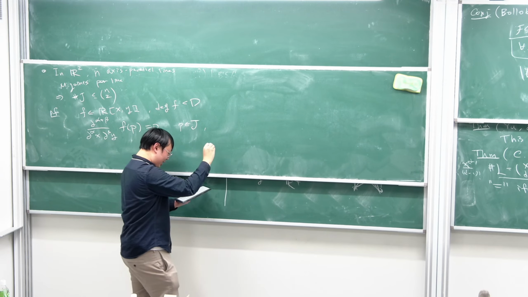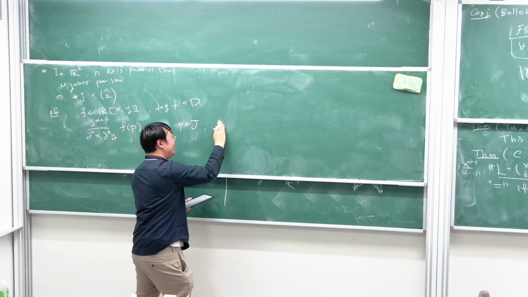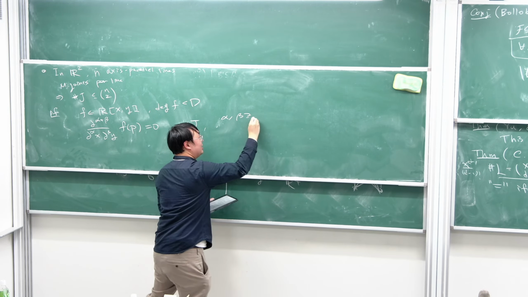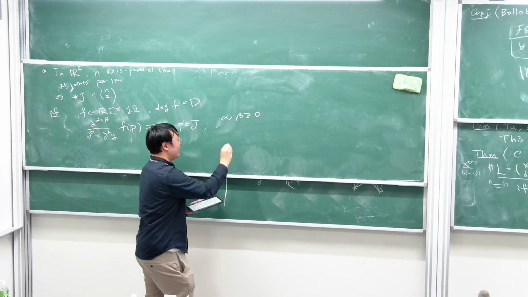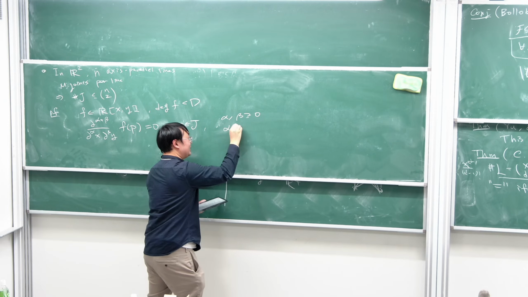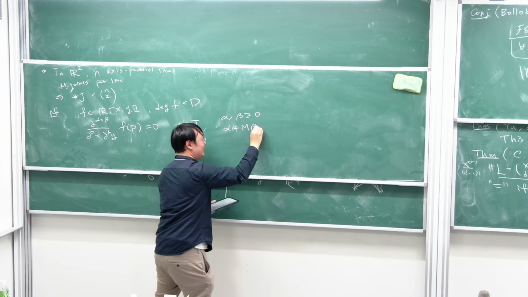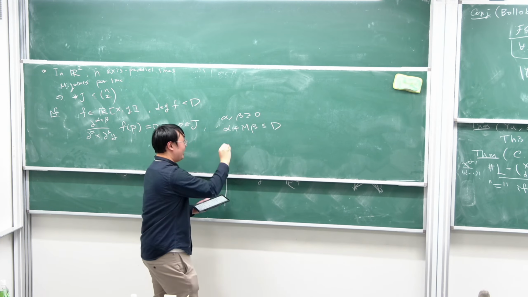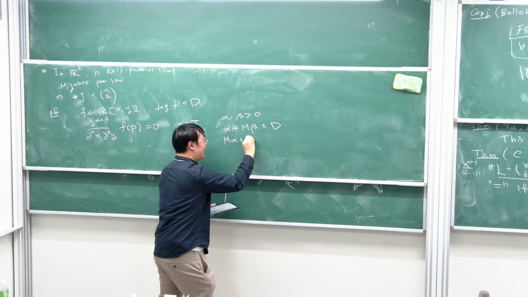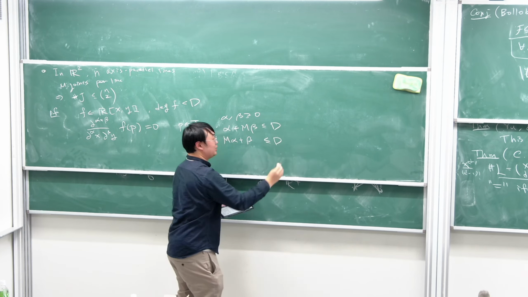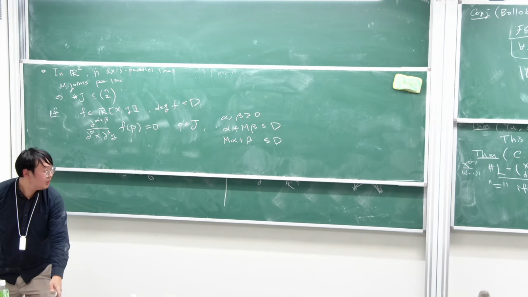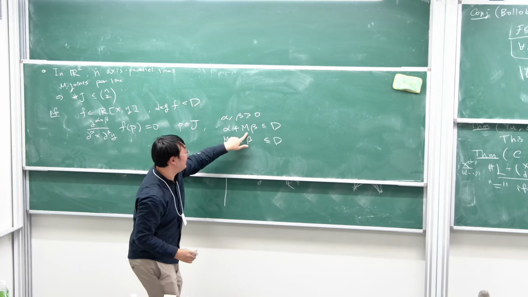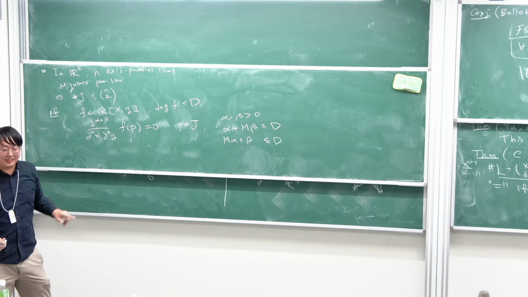Alpha and beta will satisfy all these constraints: alpha and beta are at least 0, alpha plus m times beta is less than or equal to d, and m times alpha plus beta is also less than or equal to d. Recall that d is the degree bound of f we set here, and m will be the number of points per line.